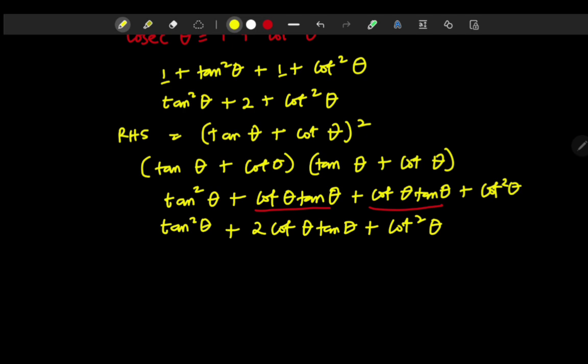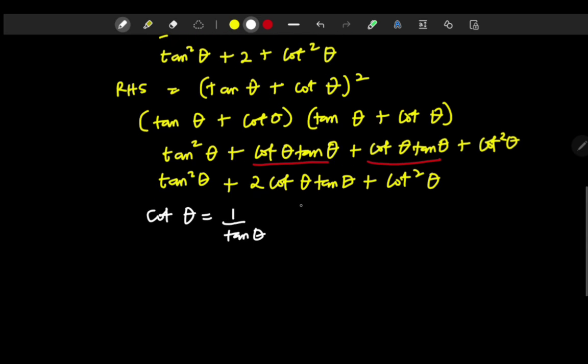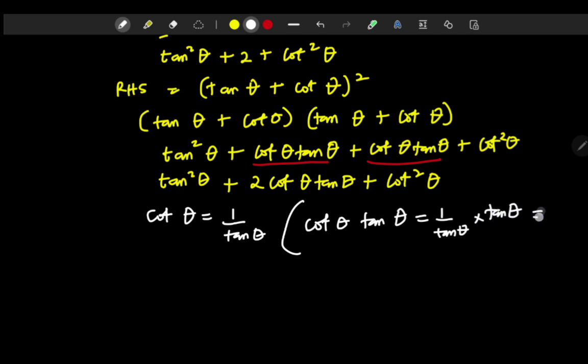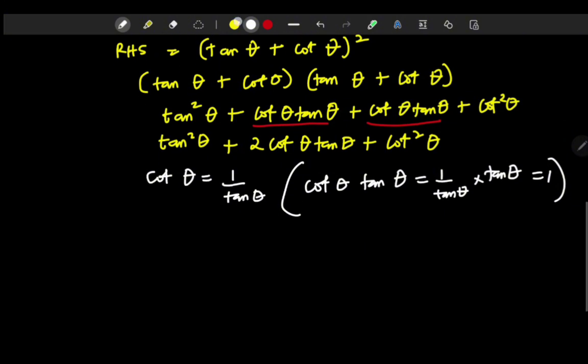Now you should know that cot theta is 1 over tan theta, meaning that cot theta tan theta is 1 over tan theta times tan theta. The idea is that this is 1. So cot theta tan theta is 1. So everything here now could be written as tan squared theta plus 2 plus cot squared theta.